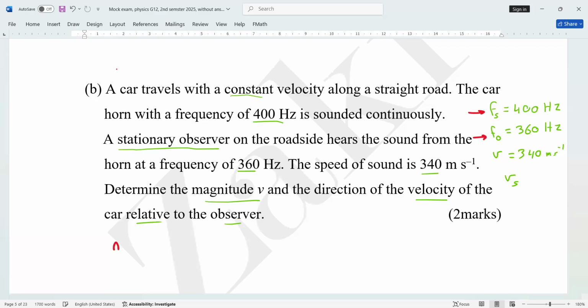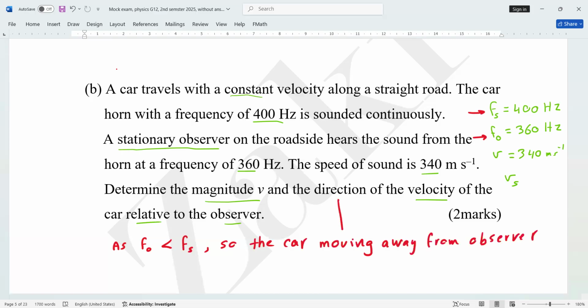So we write F naught is less than Fs, so the car is moving away from the observer.